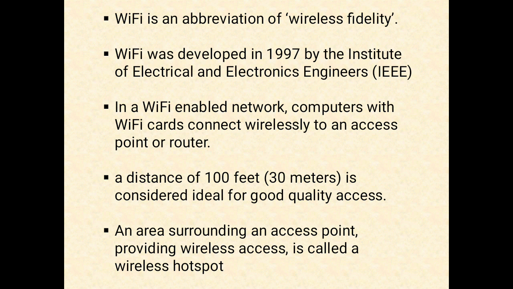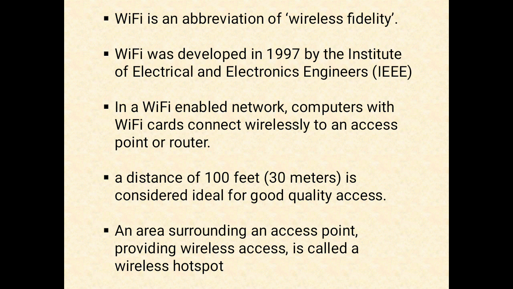Then we must know how Wi-Fi works. The basic system of Wi-Fi is very simple. In a Wi-Fi enabled network, computers with Wi-Fi cards connect wirelessly to an access point or router. This access point or router is internet enabled the usual way, connected to the internet using a cable or DSL modem.